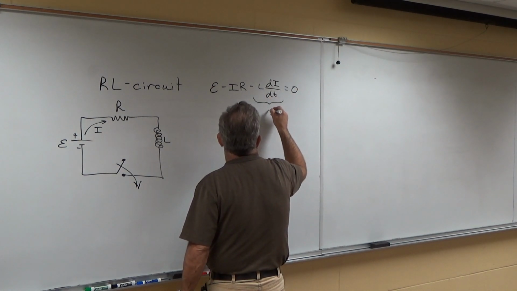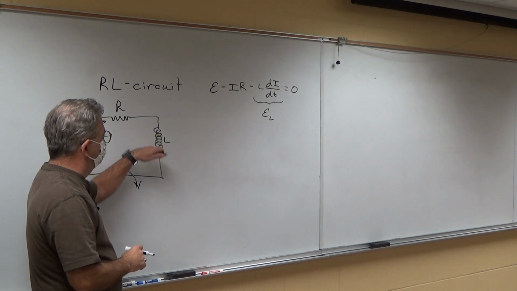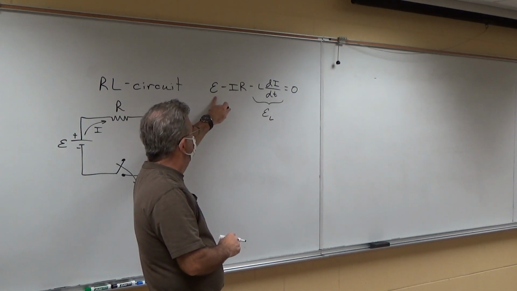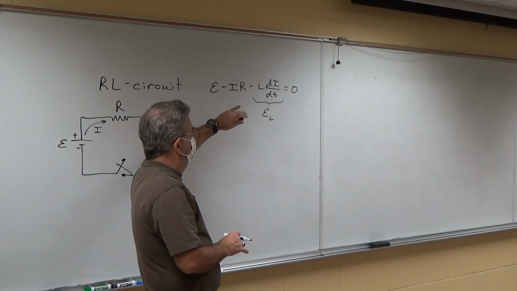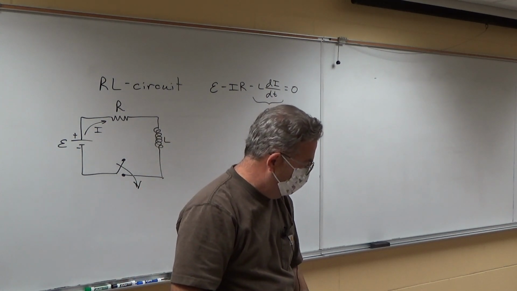Remember, that's E sub L, the voltage across the inductor. That's the voltage across the resistor. That's the voltage from the power supply. Solve this. I'm not going to go through all the math.